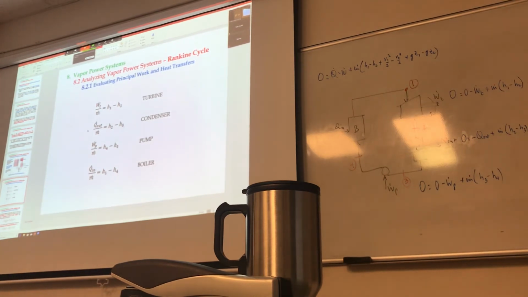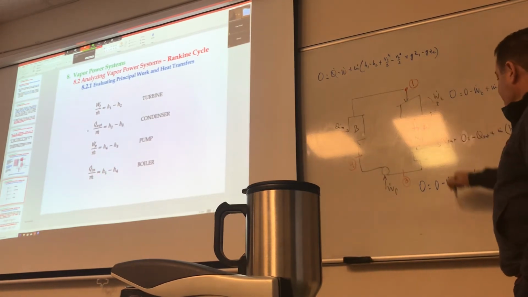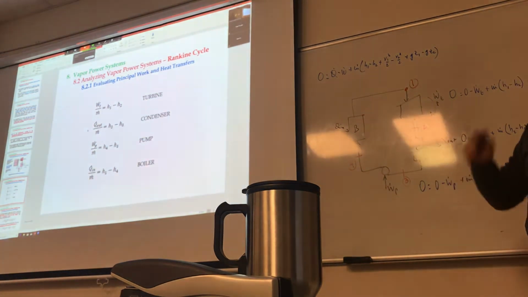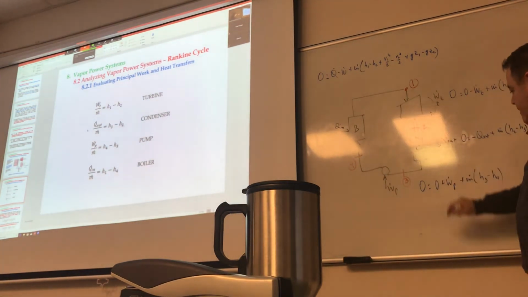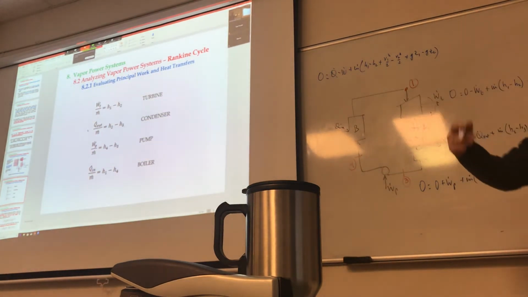So here we kept it as minus W, but that should be positive, because we are doing work on the system. That's how you get H4 minus H3. So now we go to W_P.